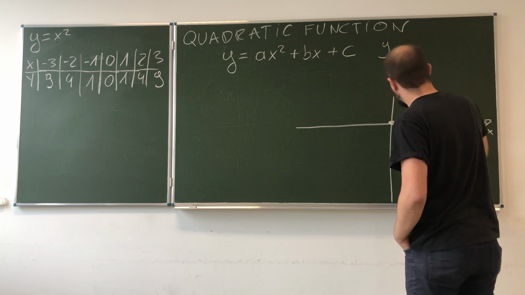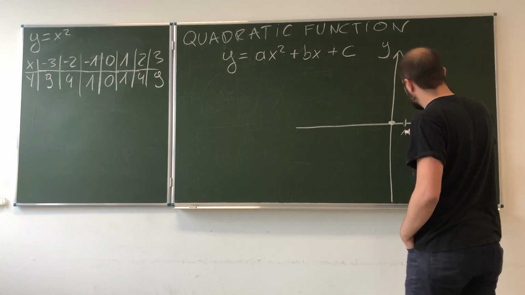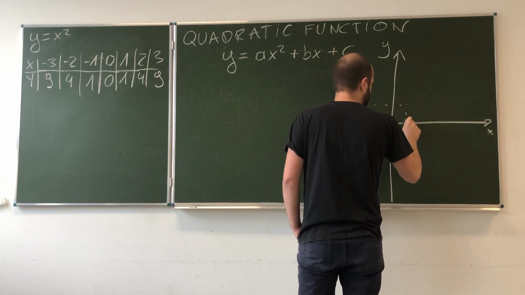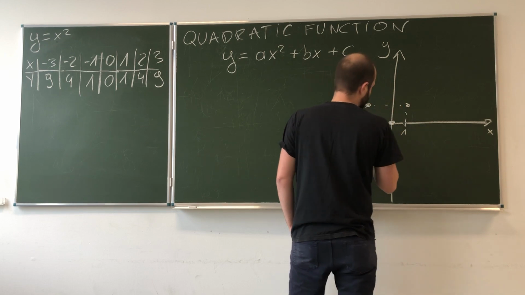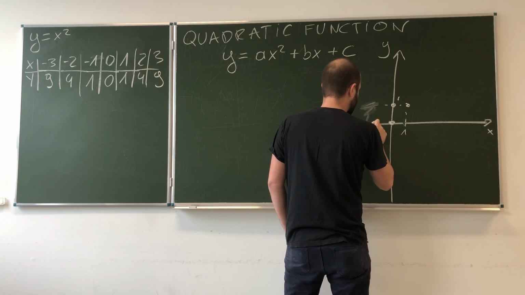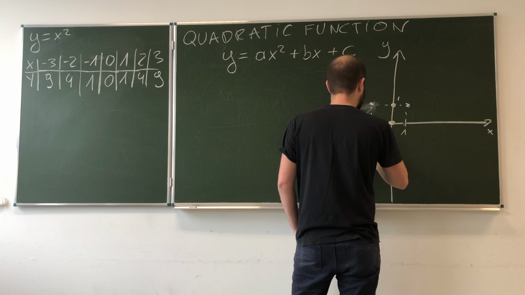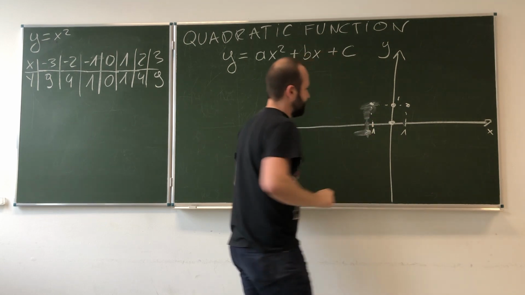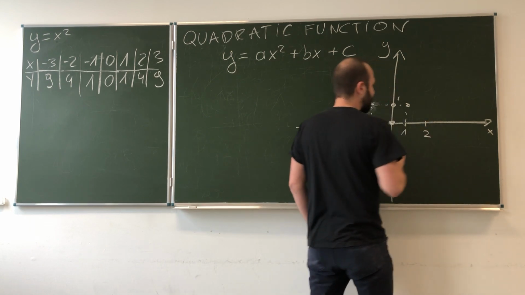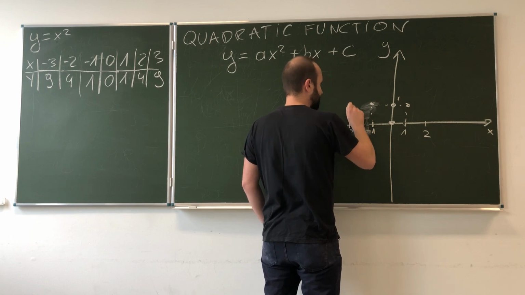So we start at 0, and we see that if x is either 1 or negative 1, the value of the function is 1. Then if x is 2, the value of the function is 4, and the same goes for negative 2.